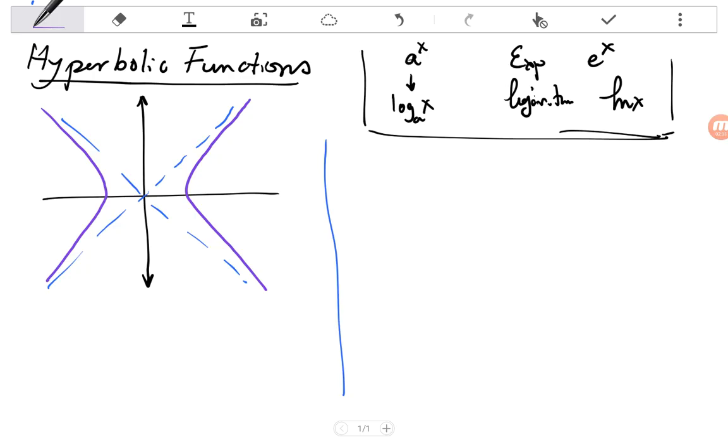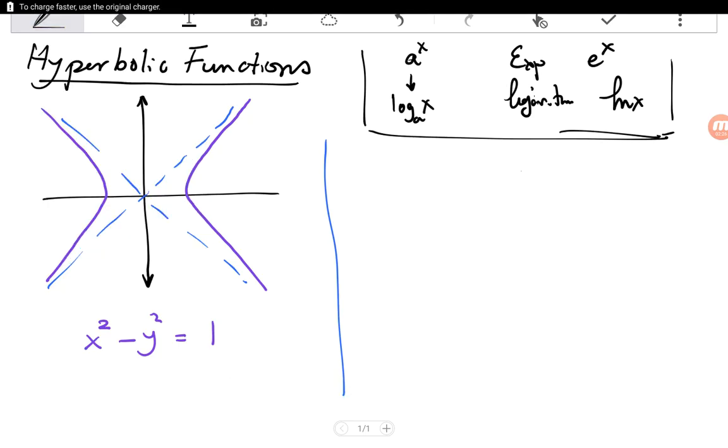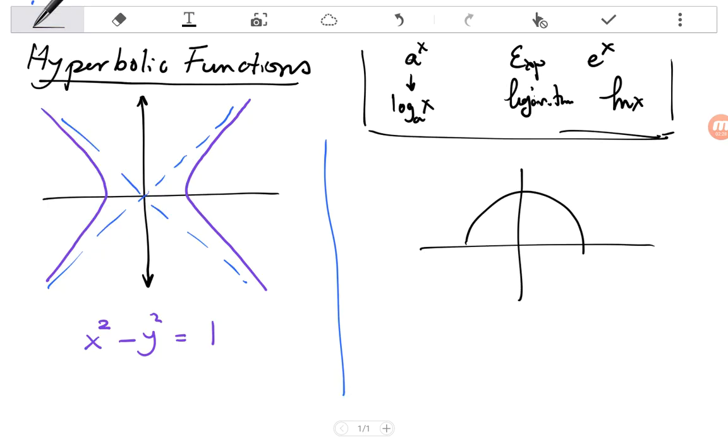However, the equation of this hyperbola is much like the equation of a circle. It is x squared minus y squared equals 1. We have learned before what is called the unit circle.